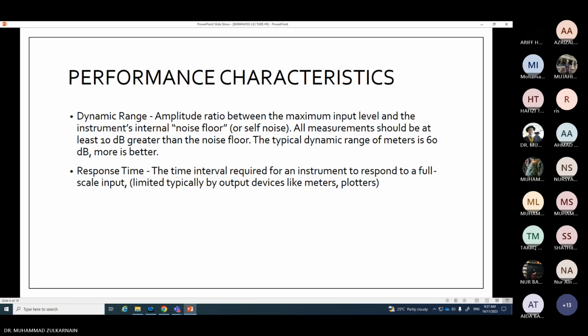And response time is the time interval required for the instrument to respond to the full scale input, limited typically by the output device like meters and plotters. It means that we need a period of time to transmit from the source.